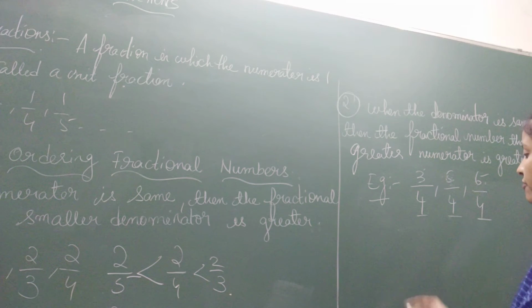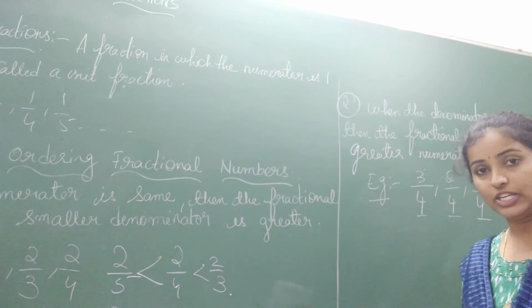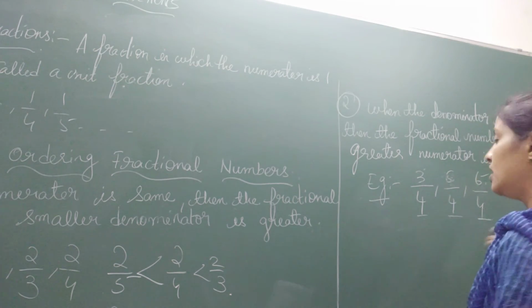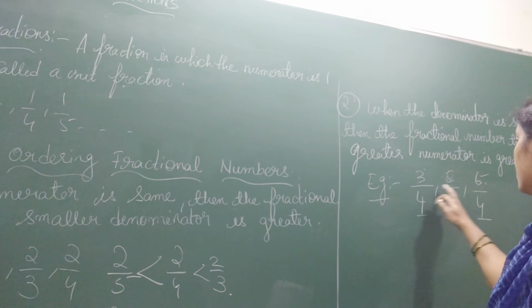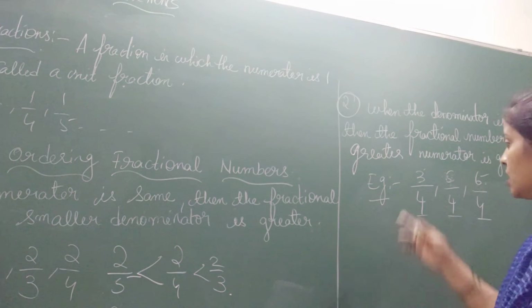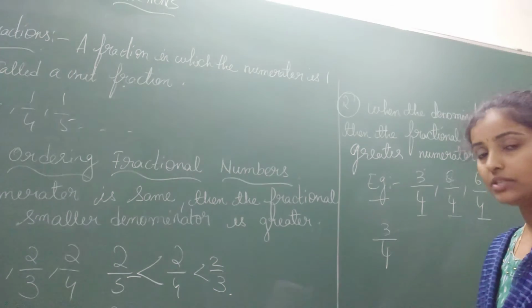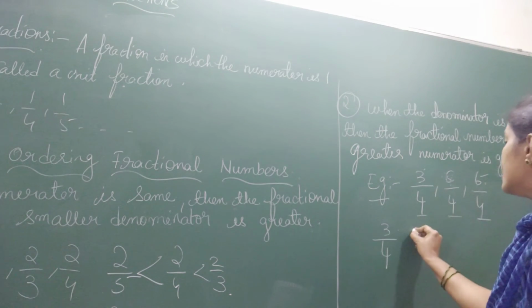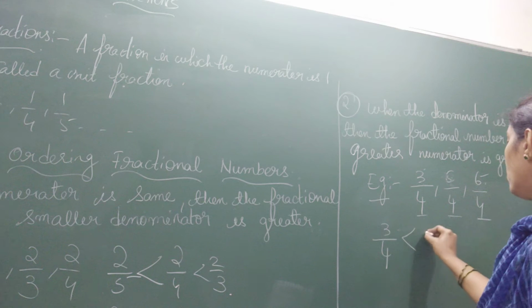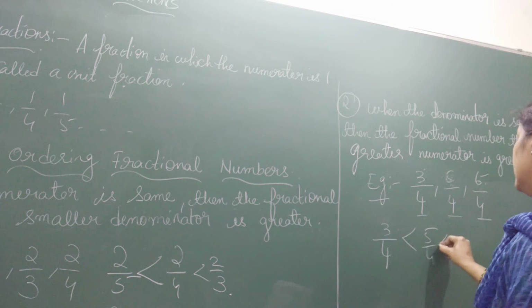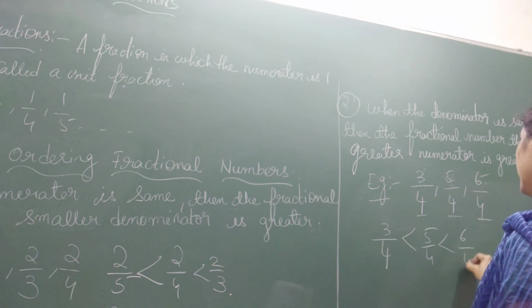Now first let me arrange the numbers in ascending order, from the smaller number to the bigger one. Which is the smaller number? 3 by 4 is the smallest, and 3 by 4 is less than 5 by 4, which is less than 6 by 4.